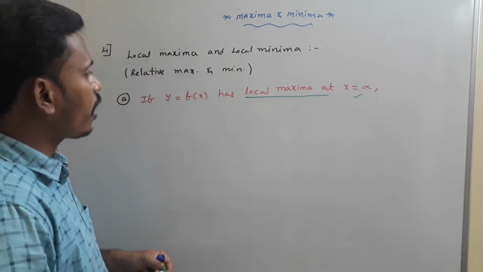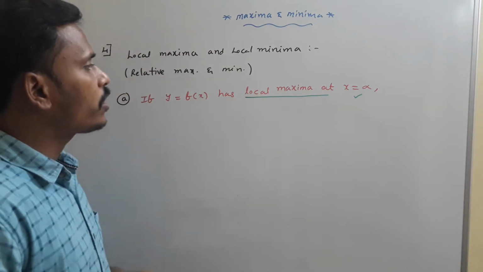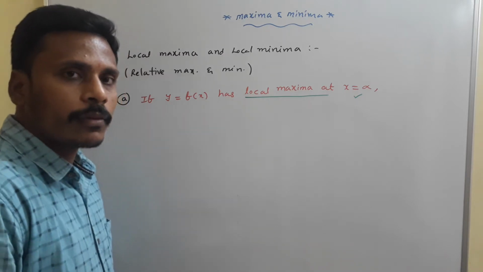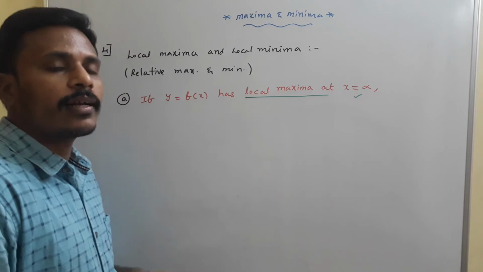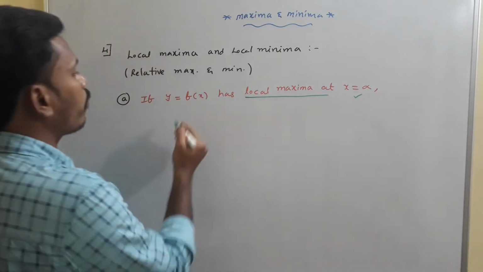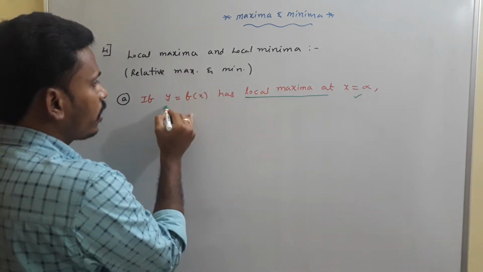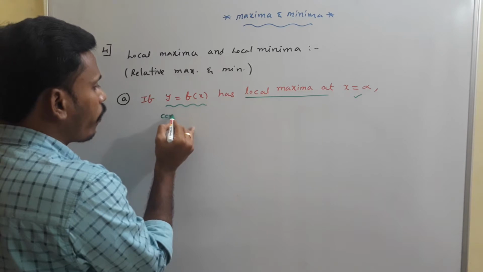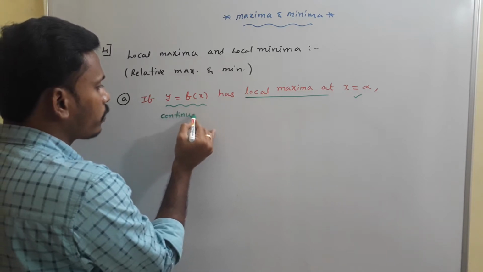As we discussed in the last class, if a function y is equal to f of x has local maxima at x is equal to alpha, what is the possible graph for that function f of x? That's what we need to discuss. And one more thing I am trying to note here: this y is equal to f of x is a continuous function.